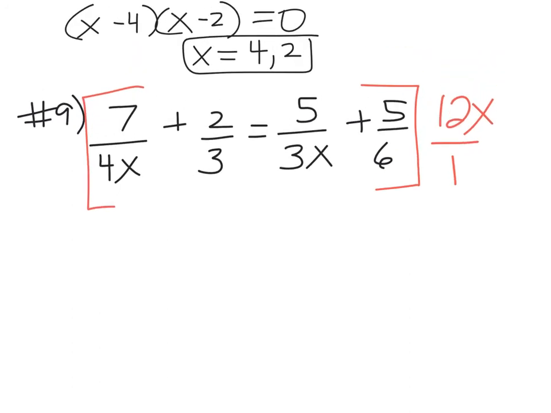Okay, now let's take that 12x and multiply all of our numerators. 7 times 12, what is that? 84?